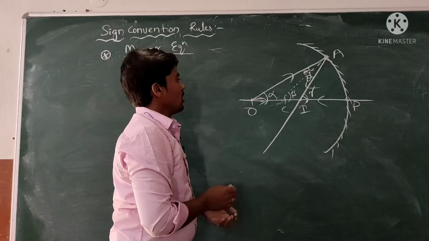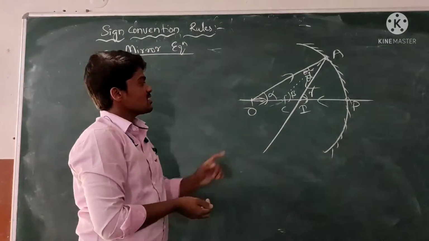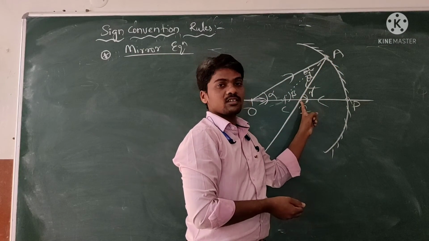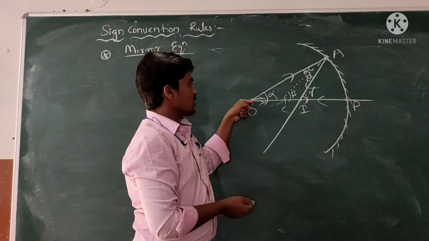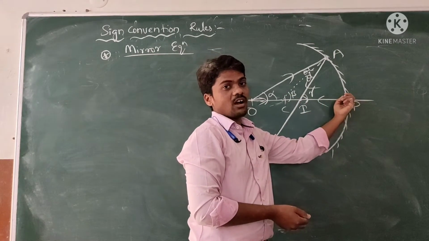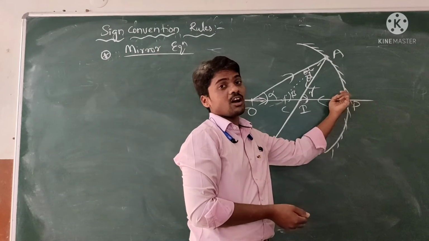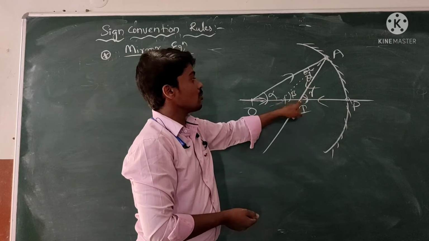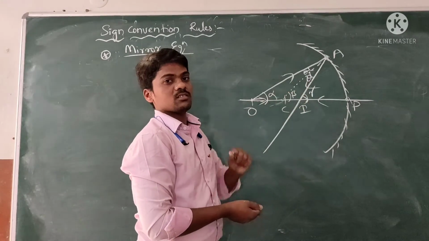Here the incident ray is OA and the reflected ray is AI. Another incident ray passes along the principal axis, and it is reflected along the same path in the opposite direction. Whenever two reflected rays meet at a point, there is image formation.